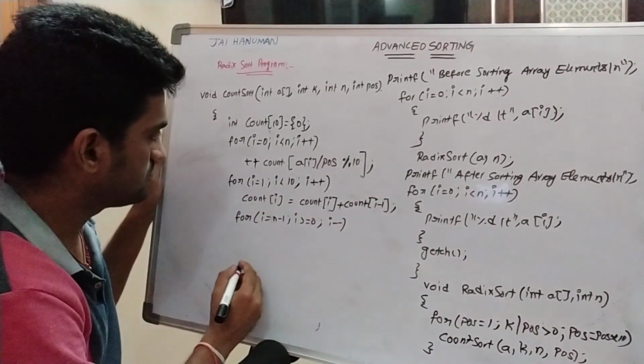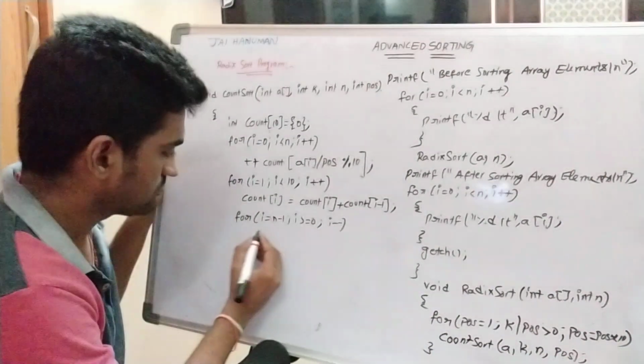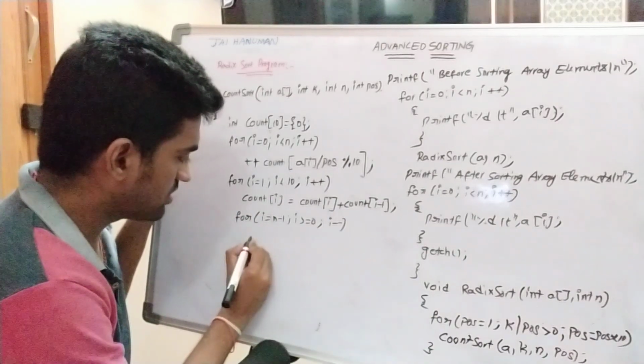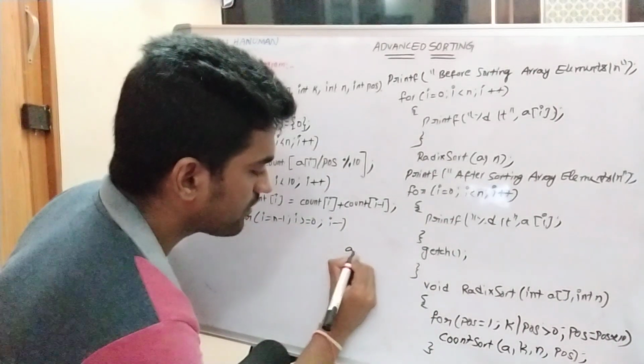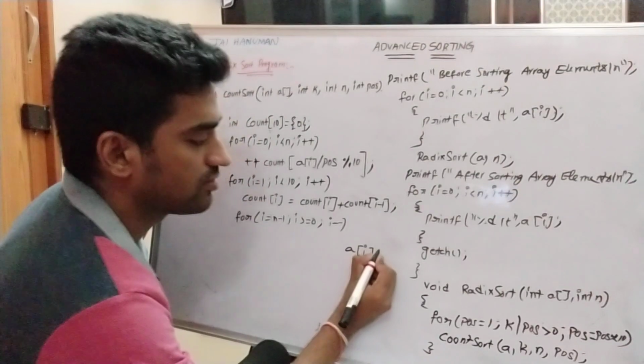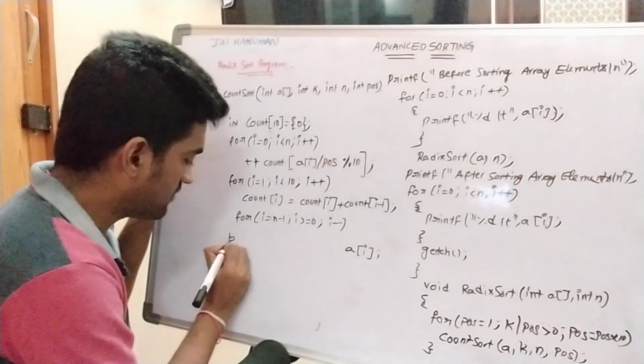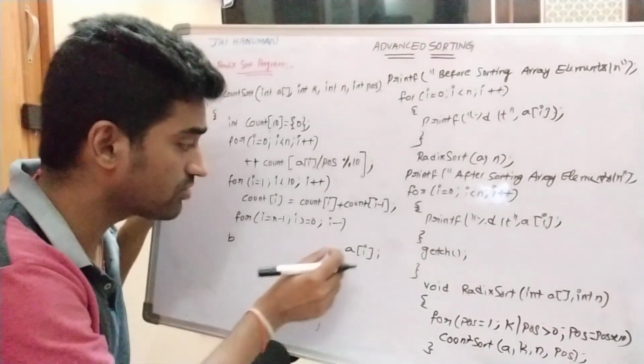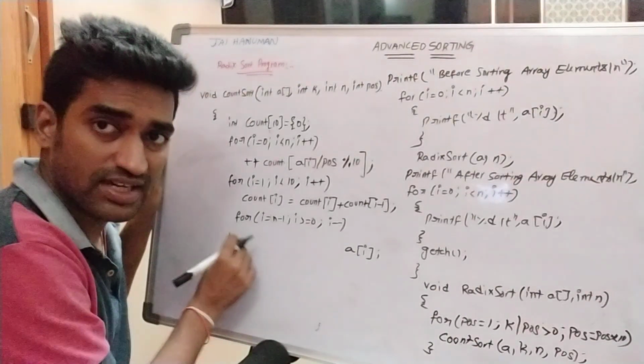So here I am updating the count array with the help of A of i. The updated count values can be stored in the B array.